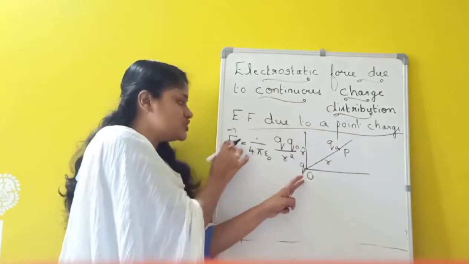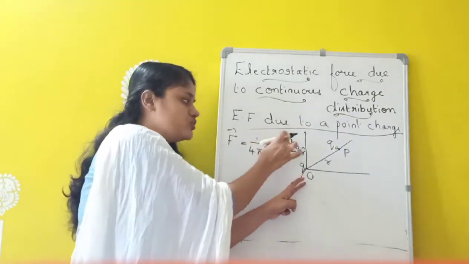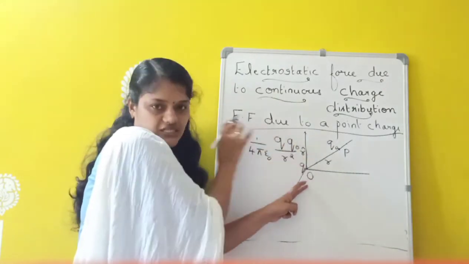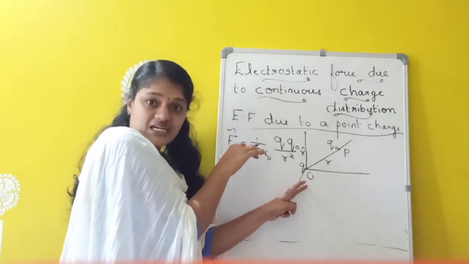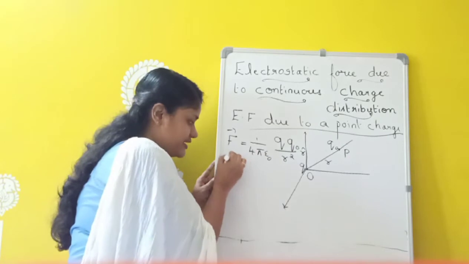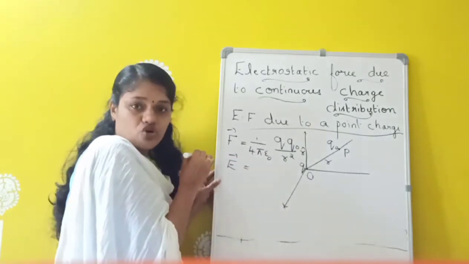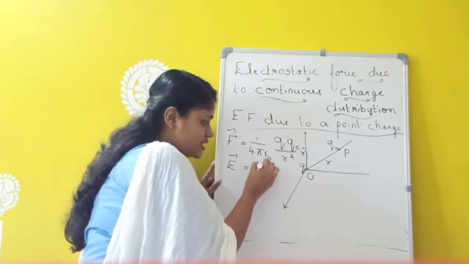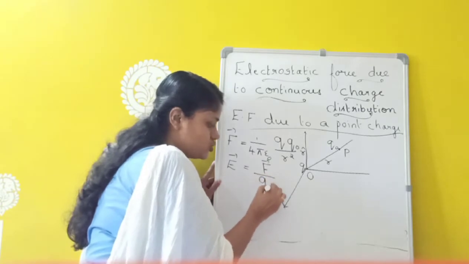The formula is F equals 1 by 4 pi epsilon 0 Q Q0 divided by R square into unit vector R. And what we have to find is the electric field intensity at this point P. So the electric field intensity at the point P, E, equals force acting per unit charge, F by Q0.